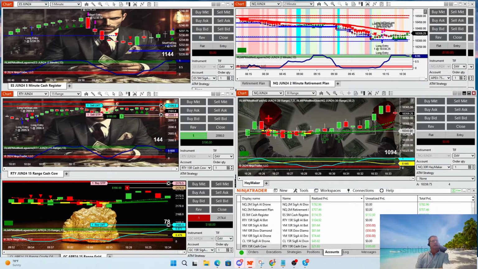In order for that signal A to get back into a trade on the NASDAQ, it needs a short roll. If it just continues to keep going up, then the only way to get into a long move is going to be the signal B on the 30 range. And I'm a little gun shy on that strategy right now.